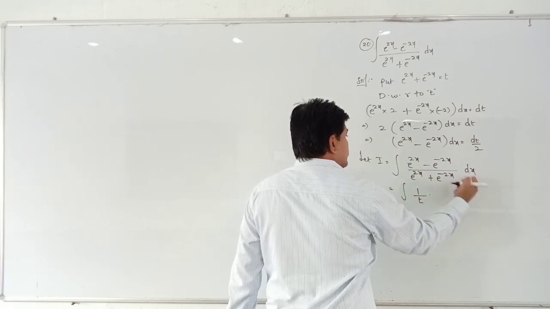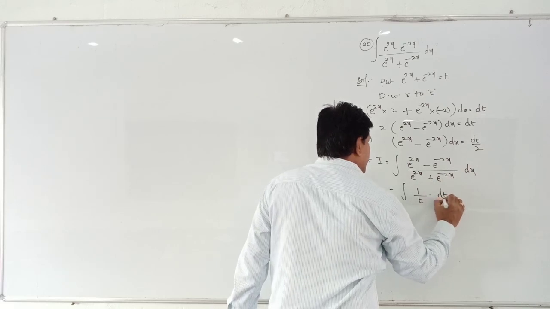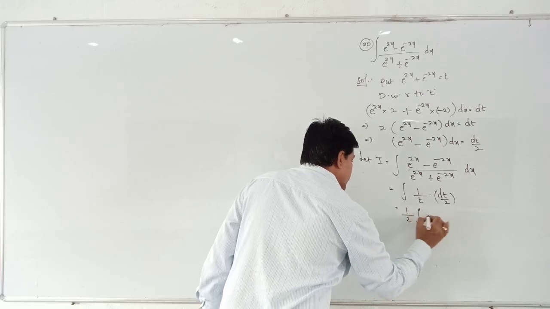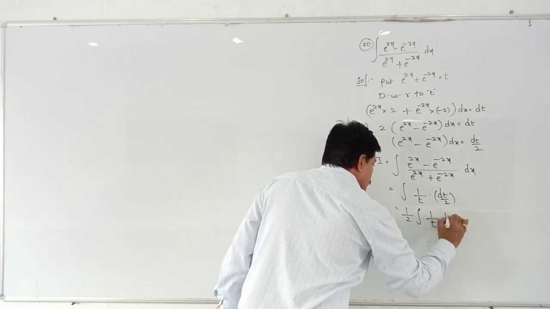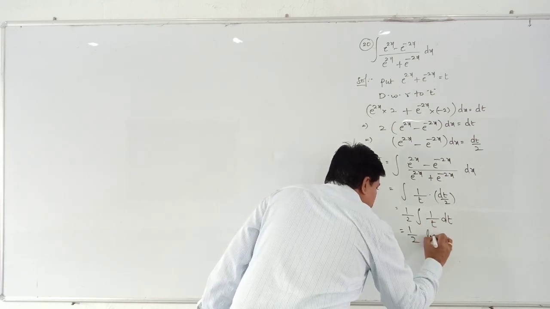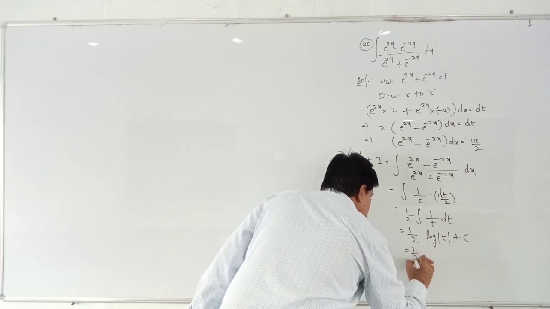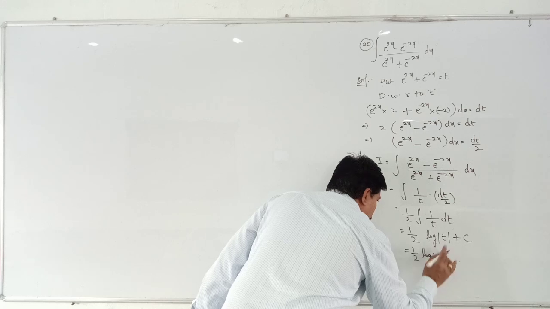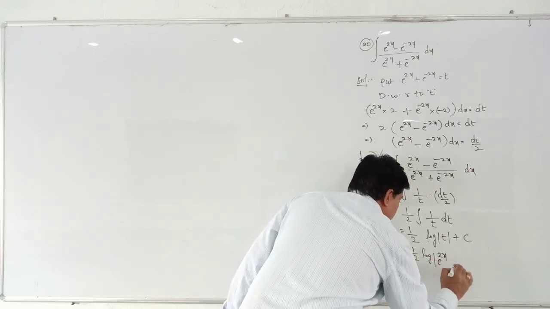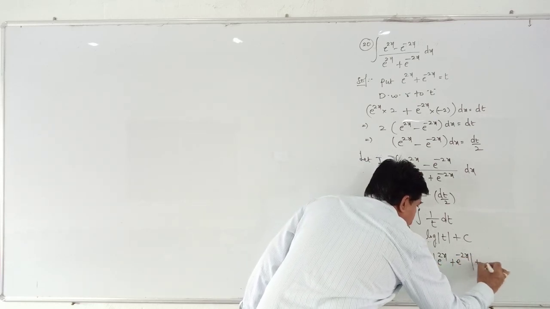So that is equal to 1 by 2 integral of 1 by t into dt, which is 1 by 2 into log mod t plus c. The t value is e power 2x plus e power minus 2x, plus c.